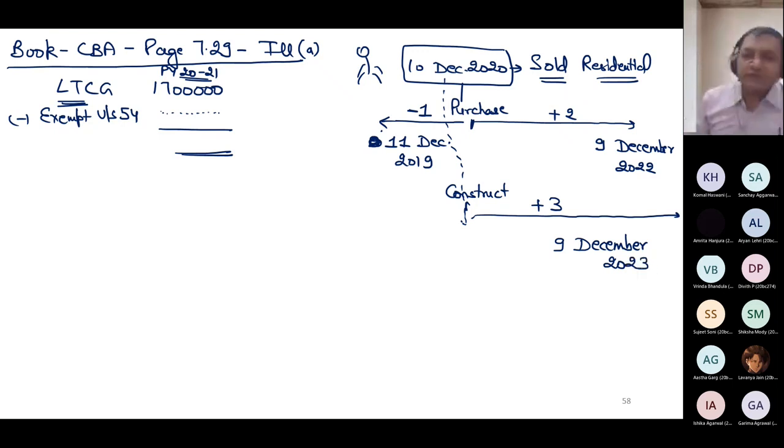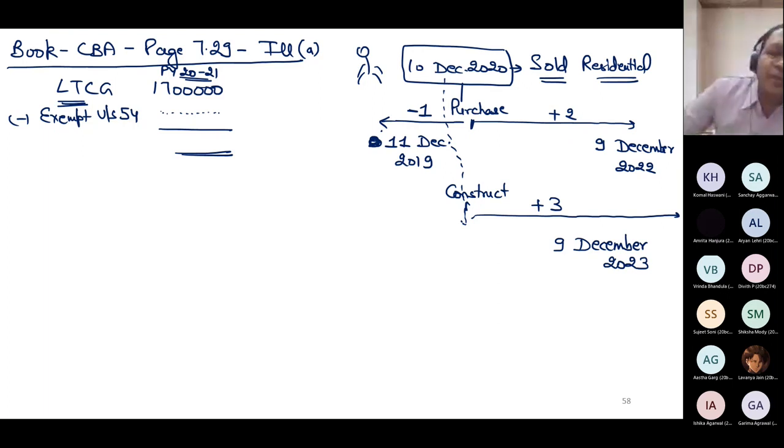These are the dates in which, if you make the investment in purchasing another residential house in India, then whatever is the cost of investment will become exempt, and that amount you can deduct from the original long-term capital gain, and the difference will be known as final LTCG.